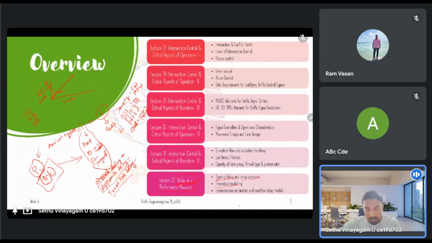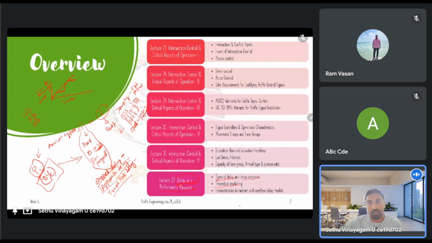Therefore, the departures will not change, so it will be a horizontal line. And again, when the signal turns green, the vehicles will go through, and they can catch up with the arrival curve, and then they will again go through with the arrival curve. And for the next cycle, again, in the red phase, the vehicles will stop, and this will keep on going.